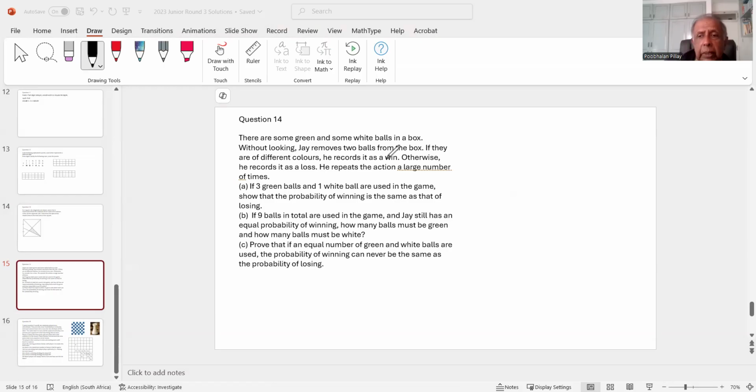There are some green and some white balls in a box. Without looking, J removes 2 balls from the box. Again, I changed the question here because the original question I couldn't understand properly. But now, what this means is that somebody called J removes 2 balls from a box, which has a number of green balls.